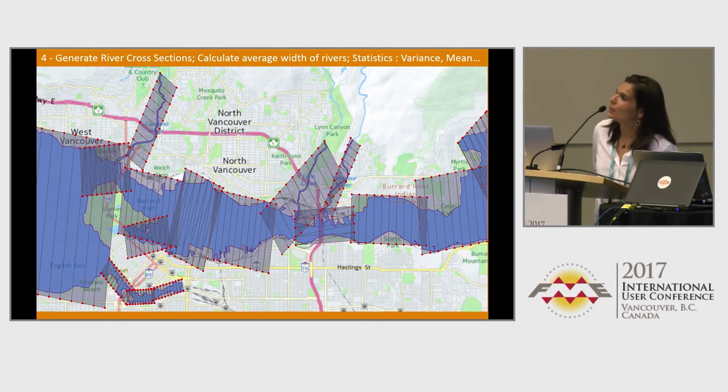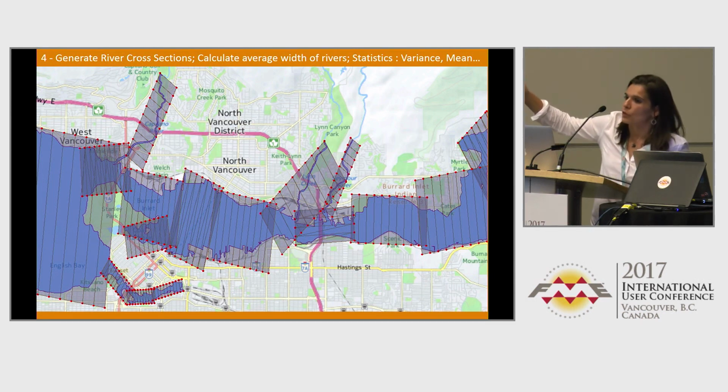So the next phase is, we divided this oriented bounding box in 10, and we generate these vertices, selecting the right side, and then just connect them. So we generate these cross sections, and afterwards we calculate some statistics for the cross sections that intersect the river.